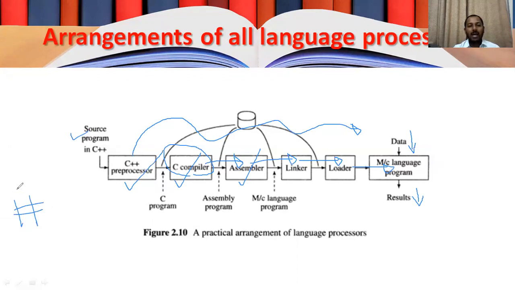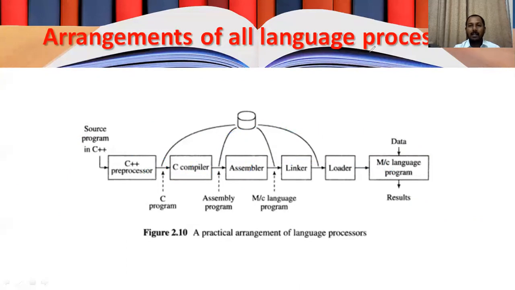That hash include, hash is a preprocessor directive. Hash include stdio.h or whatever header file we are giving is used by the preprocessor. Then our program, then the assembler we are going to see in chapter number 2, then the linker in chapter number 5, the loader in chapter number 6. So this is how we are going to see each and every language processor in detail.